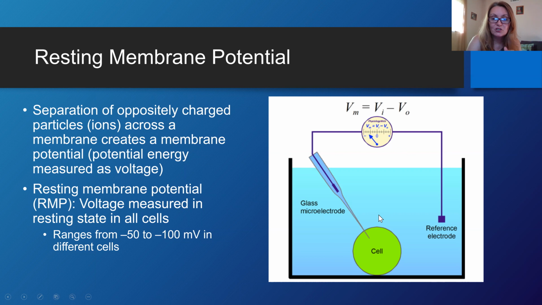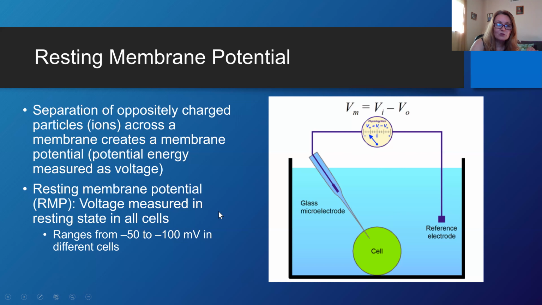There is a separation of charges between a cell and extracellular fluid. And it also creates a little battery and creates potential energy. This potential energy is called resting membrane potential. And we can measure it. You can measure the difference in voltage between the intracellular and extracellular fluids.